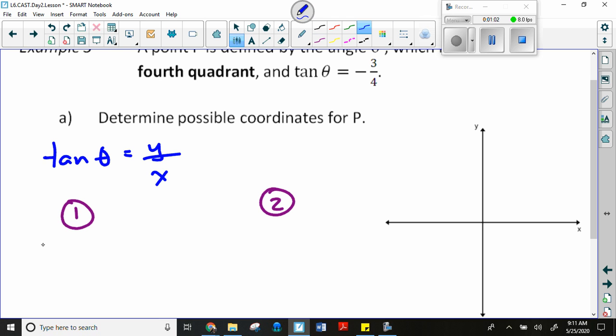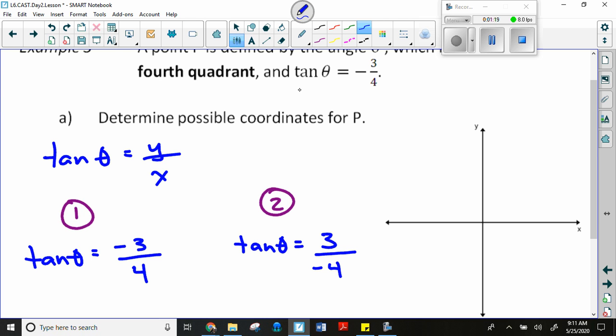It could have been tan theta of negative 3 over 4, or it could have been tan theta of 3 over negative 4. That's how we would make a negative fraction, if one of the numerator or denominator was negative. But only one of these relationships gives you the fourth quadrant.